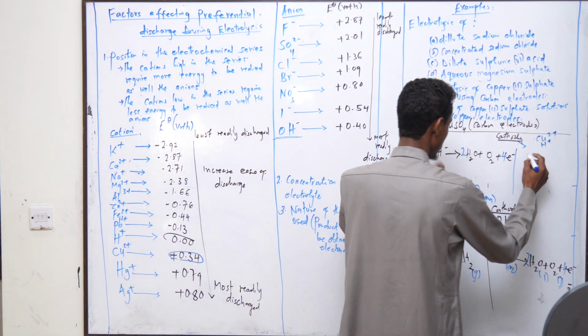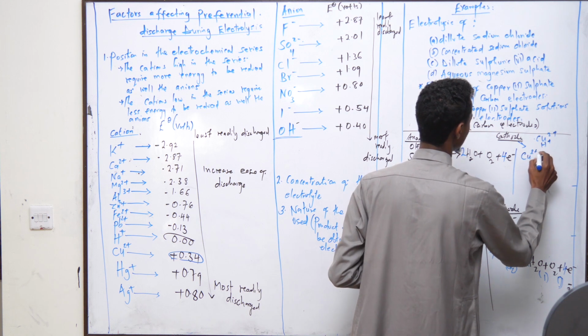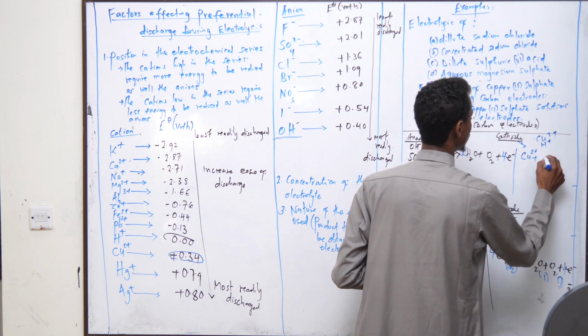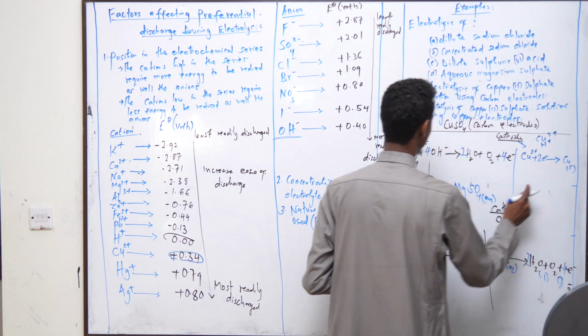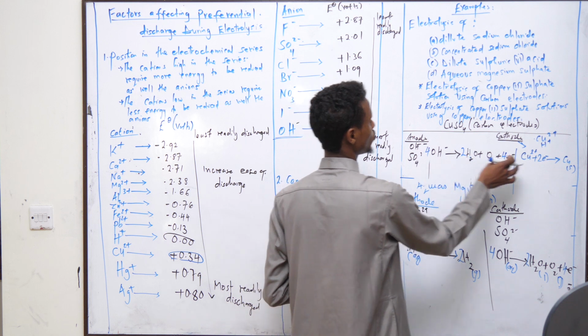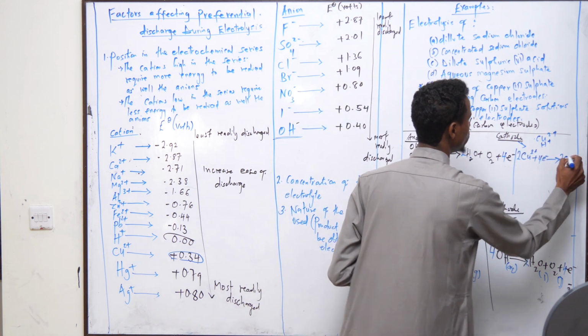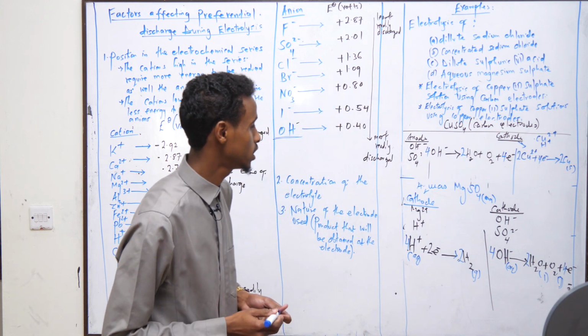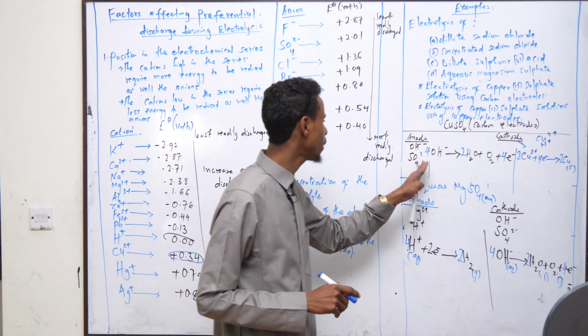They're going to form copper: copper 2 ions plus 2 electrons form copper solid. Now class, the anode has lost 4 electrons. Therefore, we need 2 copper ions gaining 4 electrons, forming 2 copper atoms, which is the product. And that is what will happen.